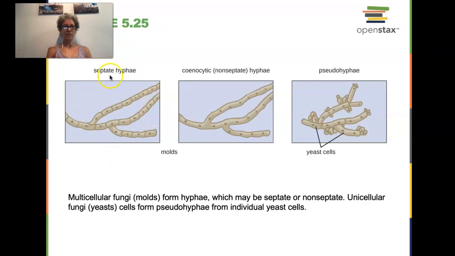And so you can have septate hyphae, meaning they have walls that separate them, so you have individual cells forming these hyphae, or you can have non-septate hyphae. Each of these little dots is a nucleus. And we can have pseudo-hyphae, fake hyphae. Yeast cells don't really make hyphae, these long strands, but they can bud and create things that look like hyphae.